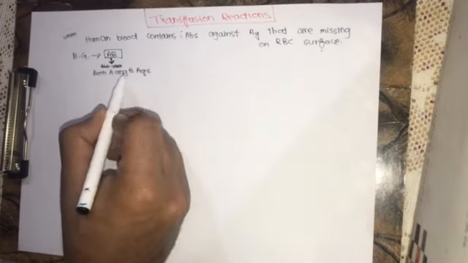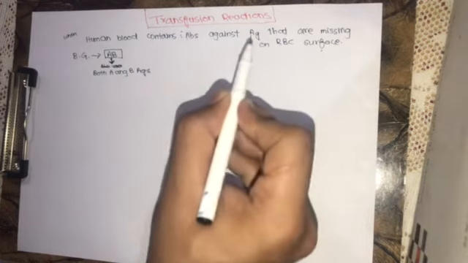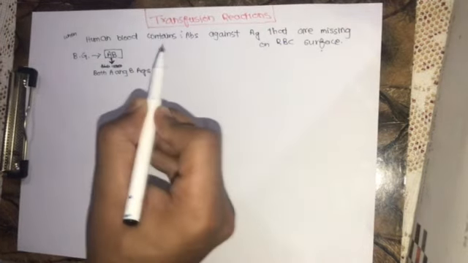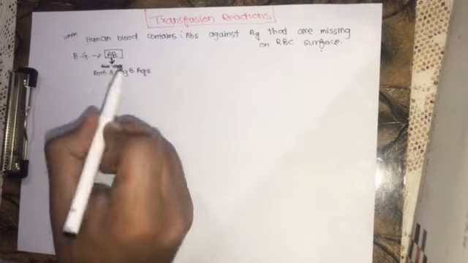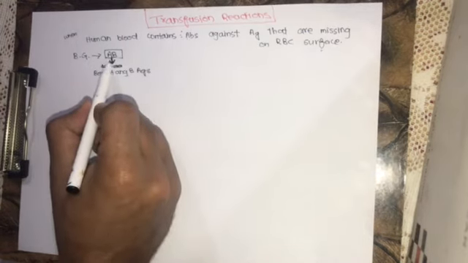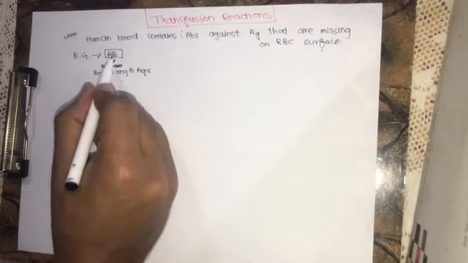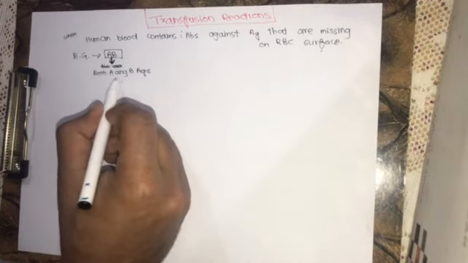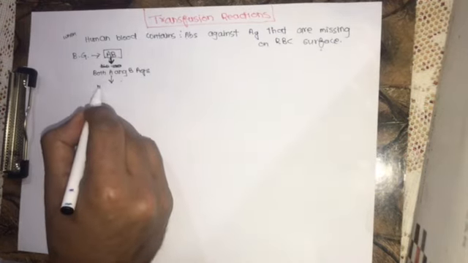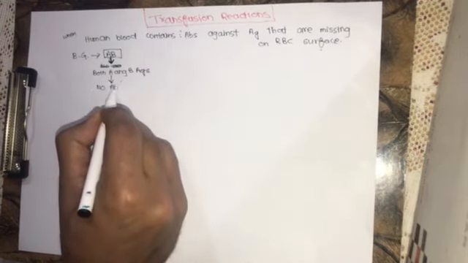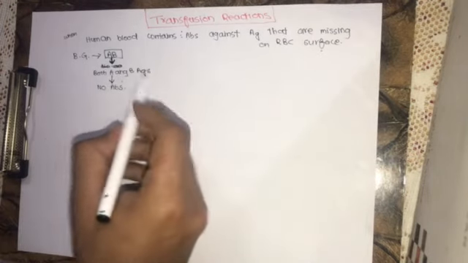As we have said, human blood contains antibodies against those antigens that are absent on the RBC surface. So here in this case, there is no antigen missing. AB blood group has both A and B antigens, so there won't be any antibodies. So I hope you got the concept.